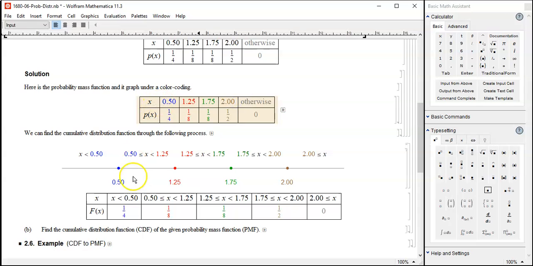So less than 0.5 here, this one. And then between 0.5 and 1.25, between these two. Next, between 1.25 and 1.75, between red and green. And then between green and brown.